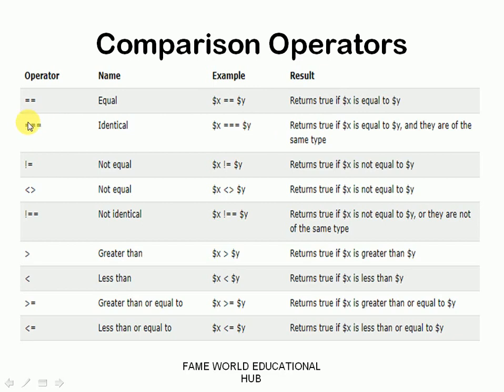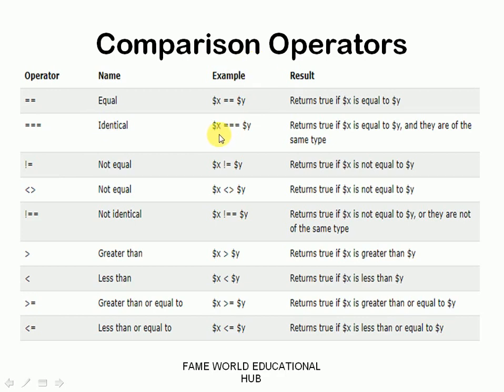Now here we are using the triple equal to symbol. The triple equal to symbol is used for the identical check. If we want to check the data type also, then we use the identical comparison operator, and for that we use the triple equal to symbol.